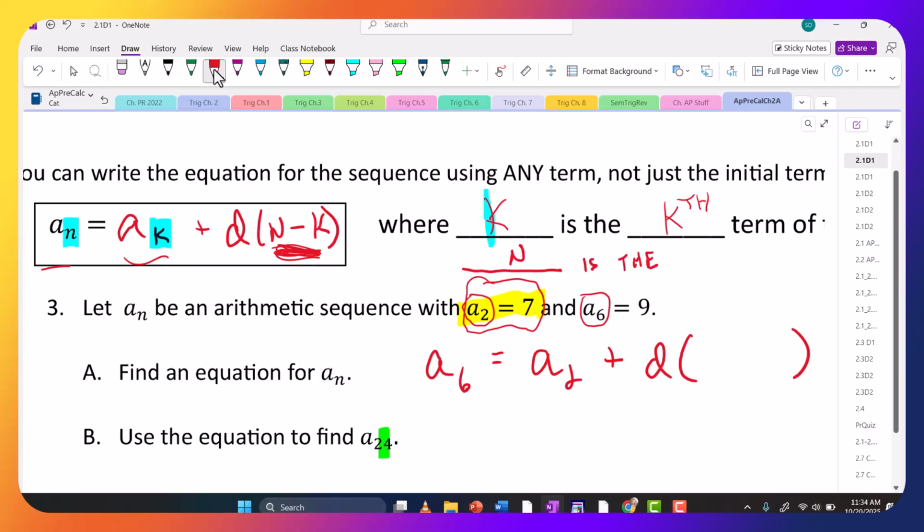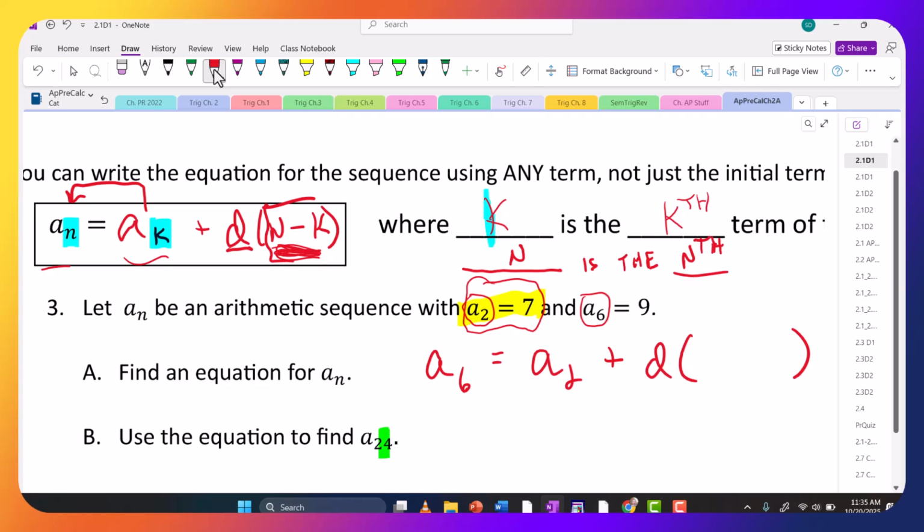This is part of why I'm making this movie, because we should make sense out of this. So how do I get from the kth term to the nth term? I apply a certain amount of common differences, right? How many common differences? The difference between how far those terms are from each other, because that's how far they are away on the list. So therefore, that's how many common differences I have to apply.